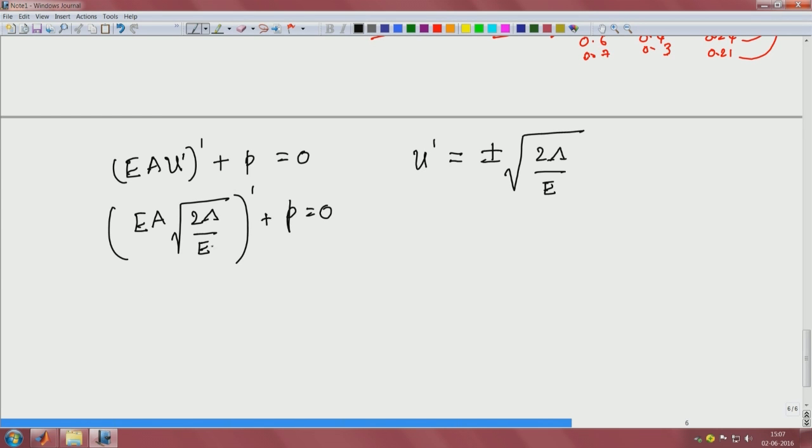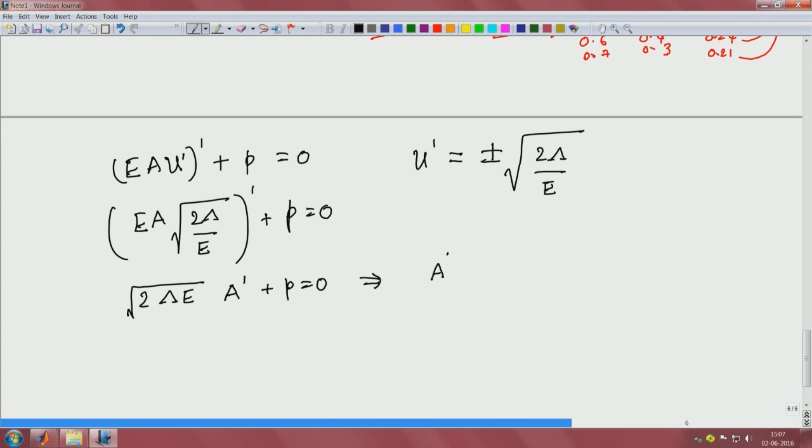So what I get, this e in the square root over here that goes. So what I get is 2 lambda e square root into a prime, because that is all constant, e is constant, lambda is constant, 2 is constant. This prime applies only to a, plus p equal to 0. Okay. How do you find area? We simply integrate, right.